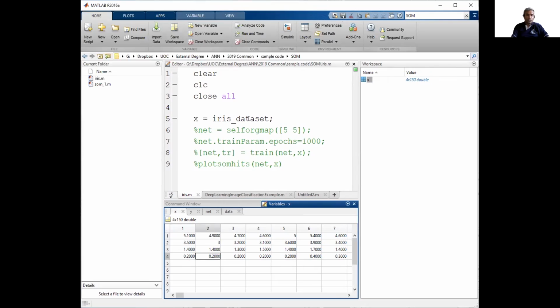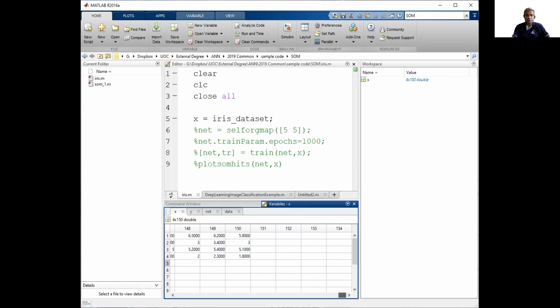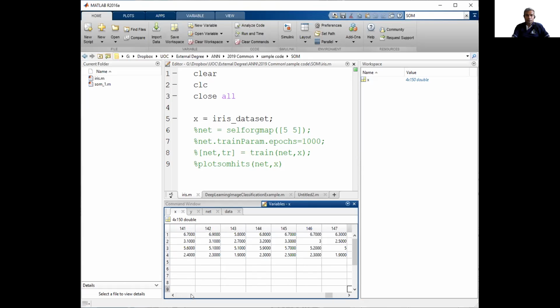I hope you remember this one. This is the iris dataset, so you should already be familiar with it. These are the sepal length, sepal width, petal length, and petal width. And after that, you had the flower type, but that data is not here. We only have the measurements, the inputs. You can see all the 150 data points here, but I do not have any categorization.